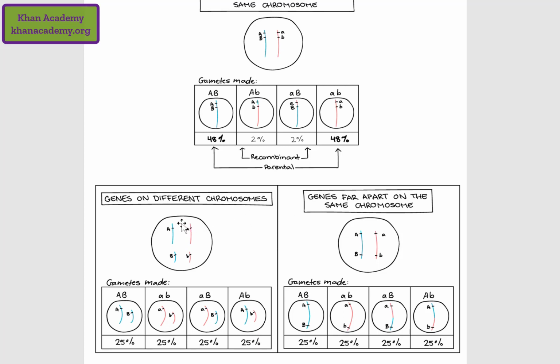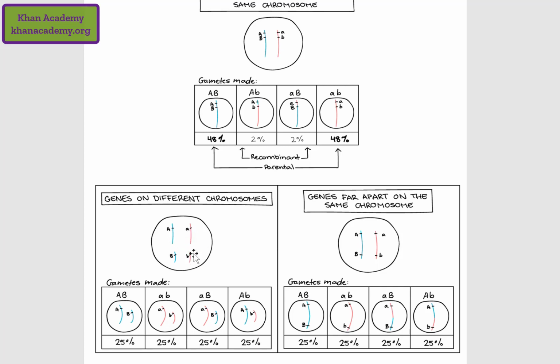If we look at genes that are not linked, so they're on different chromosomes, then how they sort into the gametes is random. Little a could sort into a gamete with big B, or it could sort into a gamete with little b.